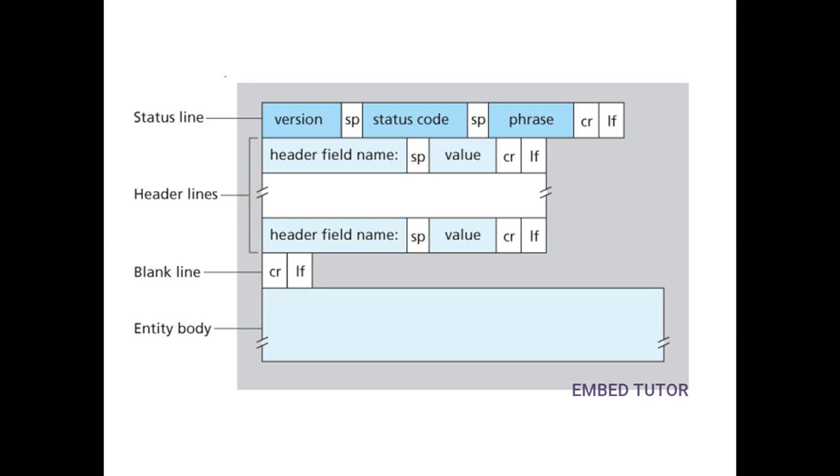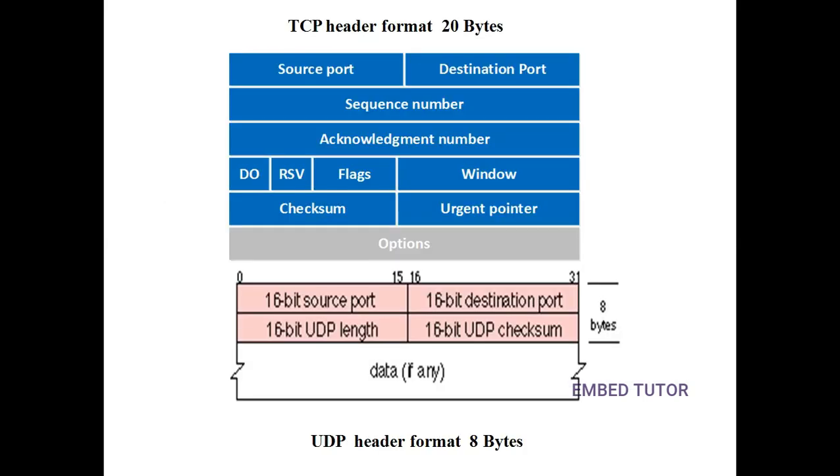In the layer 4 header, you have two mechanisms. One is called the TCP header, which is a minimum of 20 bytes, and another is called the UDP header, which is 8 bytes. In the TCP header, you have a source port, a destination port, followed by the sequence number, acknowledgement number, and a few more fields.